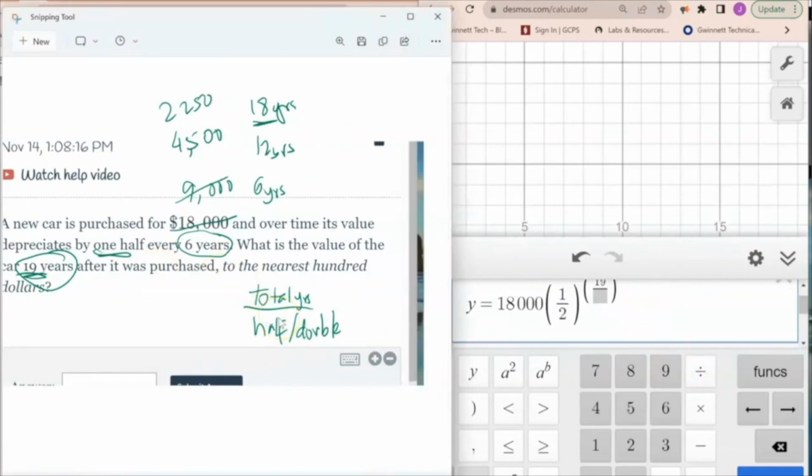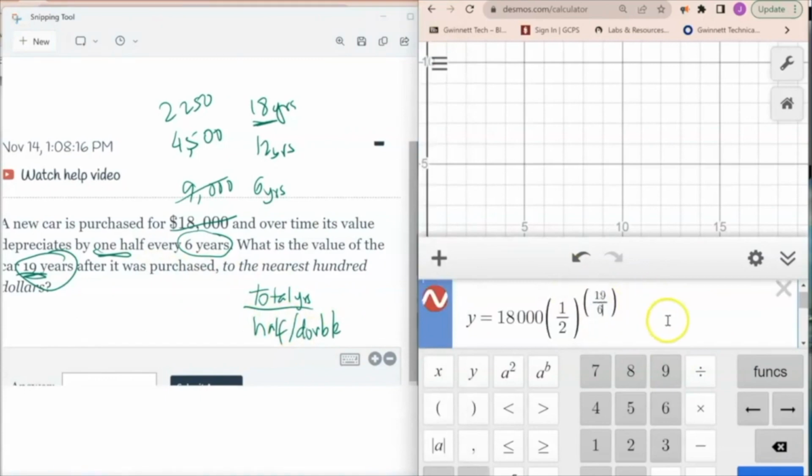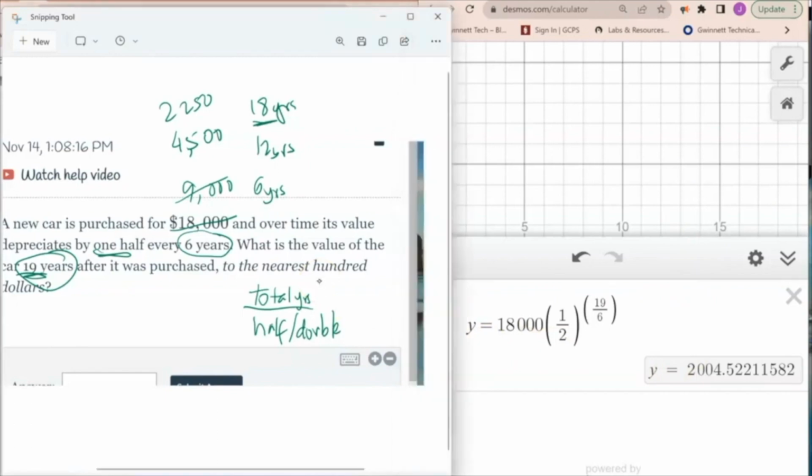In this case, it's every 6 years. And really what you're doing is you're just finding out, how do I make this bigger? You're just finding out exactly what this number is. So it's going to be close to this 2250. Can you see that? 2,000 was close to that 2,250 because that was 18 years, not 19 years.